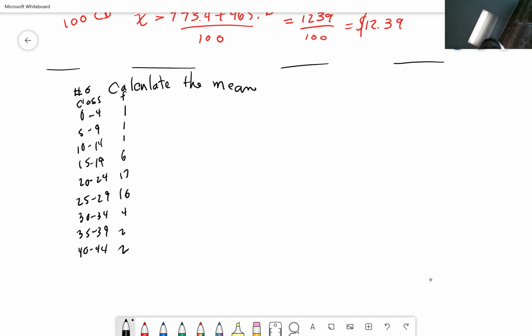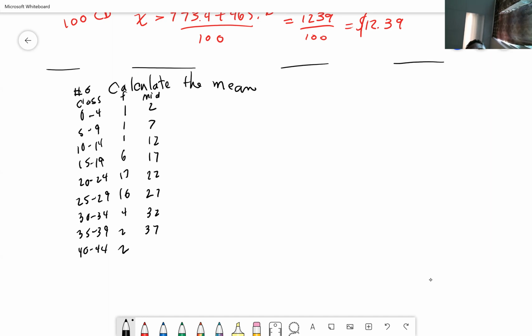So your classes are from 0 to 4. 0 plus 4 is 4, divided by 2 is 2. So the midpoint here is 2. The next one will be 7.